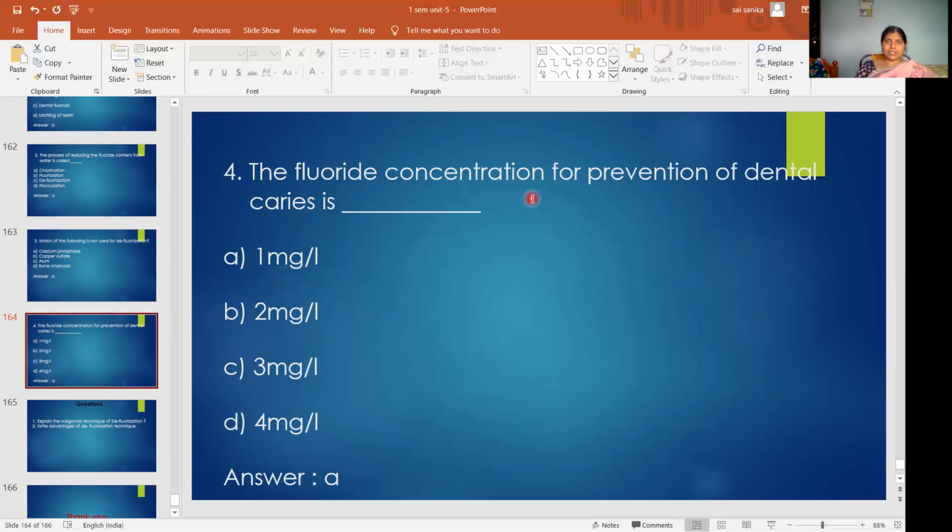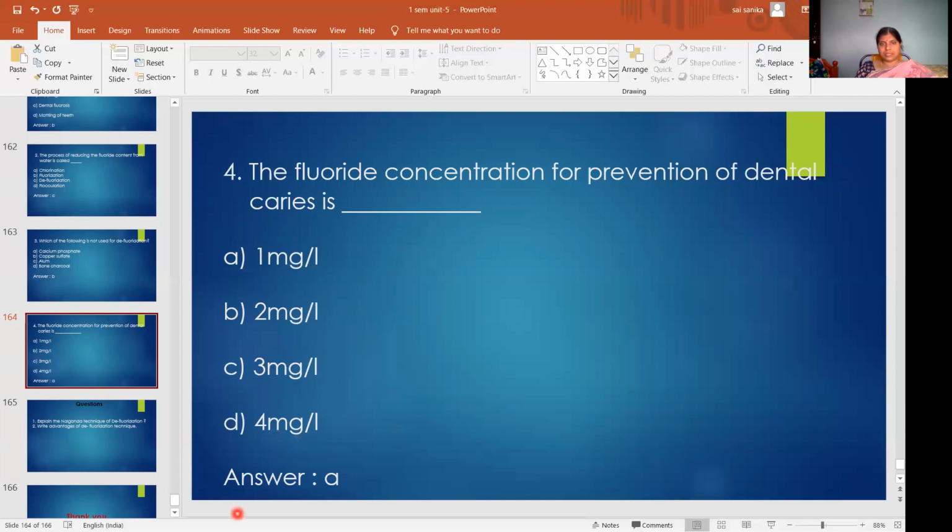The fluoride concentration for prevention of dental caries is. To prevent dental caries, what fluoride concentration is he asking about? How much fluoride concentration should be present in water to prevent it? The options given are 1 mg per liter, 2 mg per liter, 3 mg per liter, 4 mg per liter.